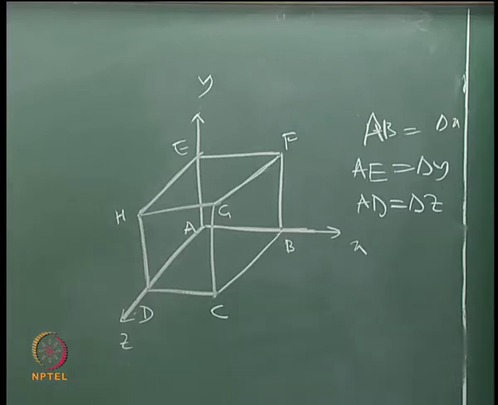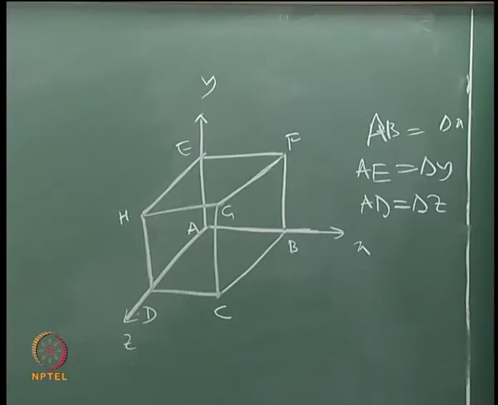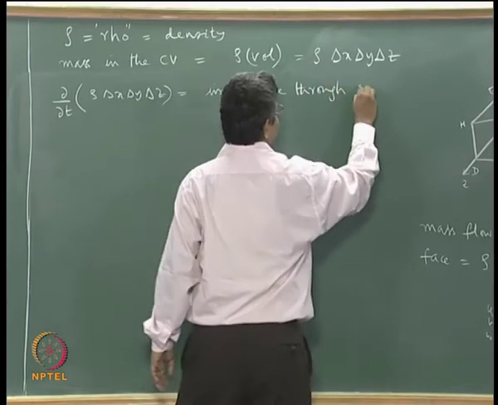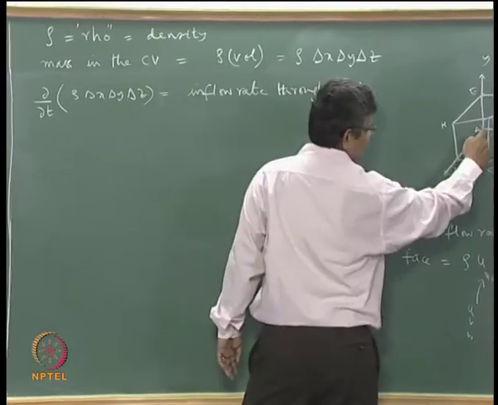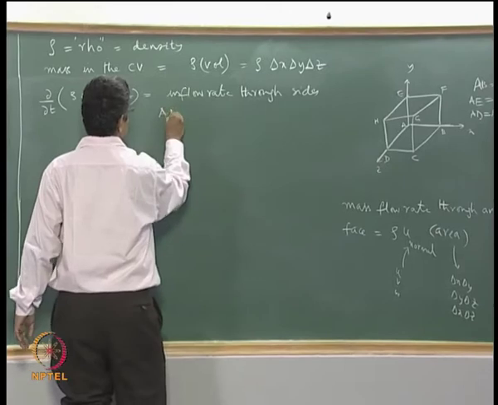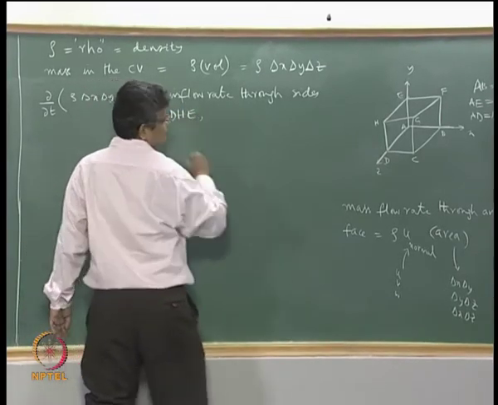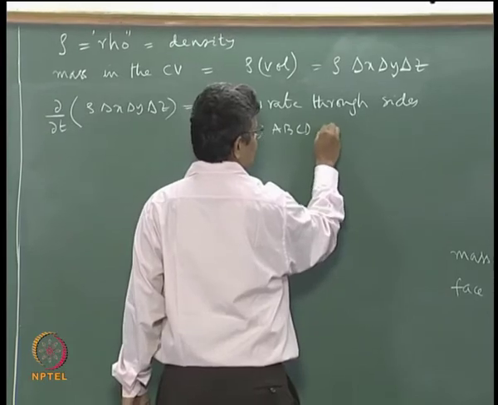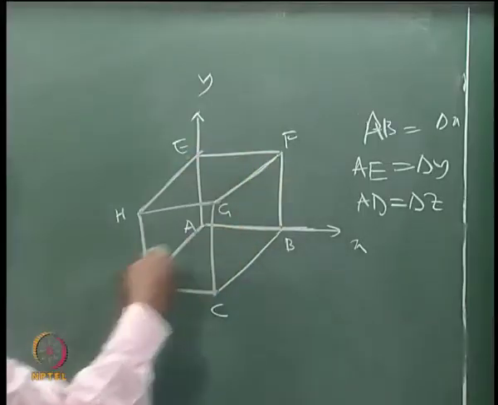So with this we can identify the inflow areas as the three phases corresponding to inflow rate through sides ADHE, bottom face ABCD, and the back face which is ABFE.